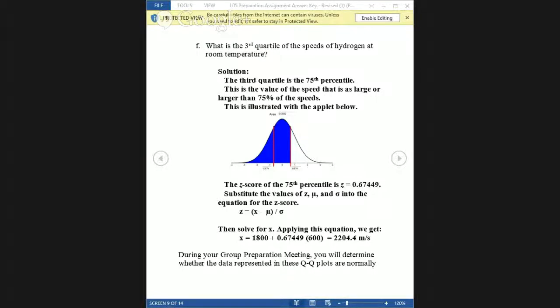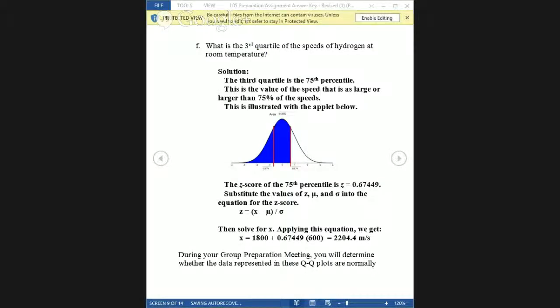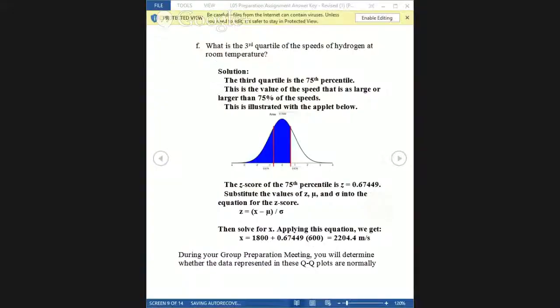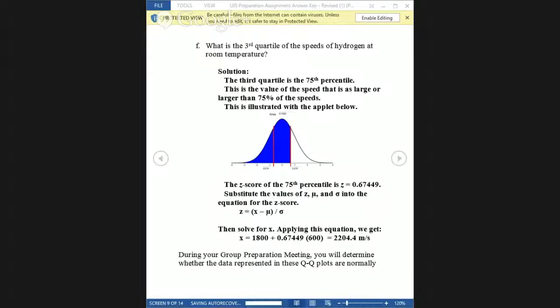So what was your z-score? What was the z-score that you put in? I got negative 0.8571. Oh, you know what? I think I dropped a negative. Yeah, so mine was wrong. So let me go look again.